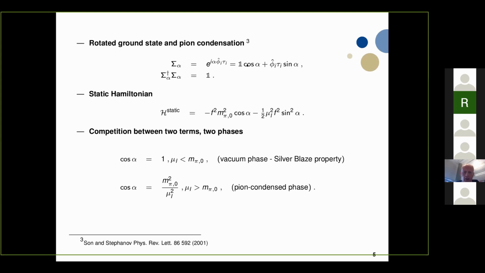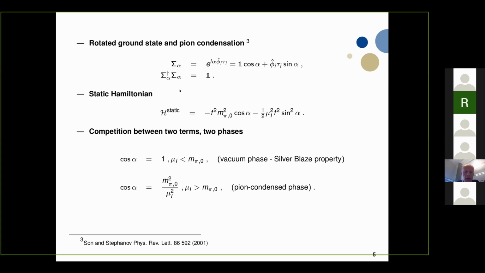This is the standard ground state containing a quark antiquark condensate, but then you allow for a pion condensate as well, and it's the angle alpha that, at least at tree level, can be interpreted as a rotation angle.